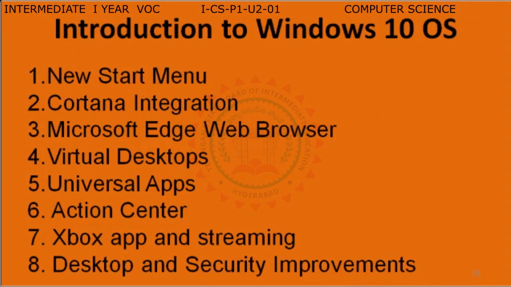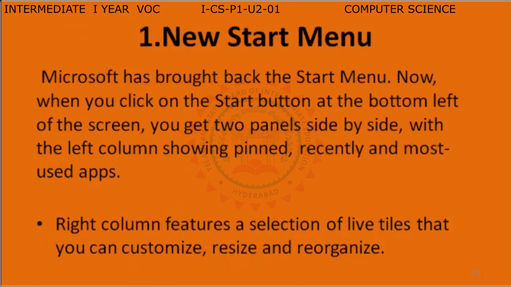Introduction to Windows 10 operating system. Under this we will see new start menu, Cortana integration, Microsoft Edge web browser, virtual desktops, universal apps, action center, Xbox app and streaming, desktop and security improvements. New start menu.